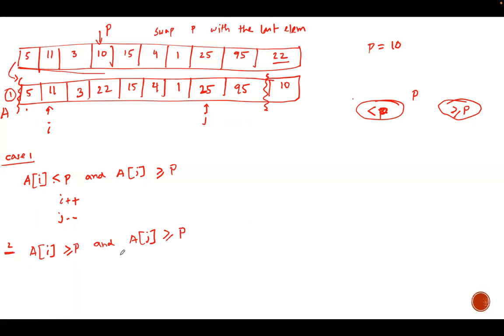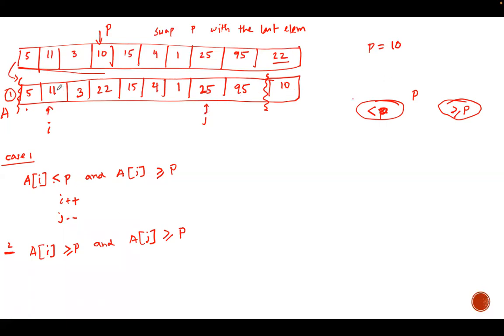So it means while we are traversing, we are at a position where A[i] is greater than or equal to pivot and A[j] is also greater than or equal to pivot. Okay. So in this case, you can see that 11 is greater than 10 and 25 is greater than 10. So this is our case.